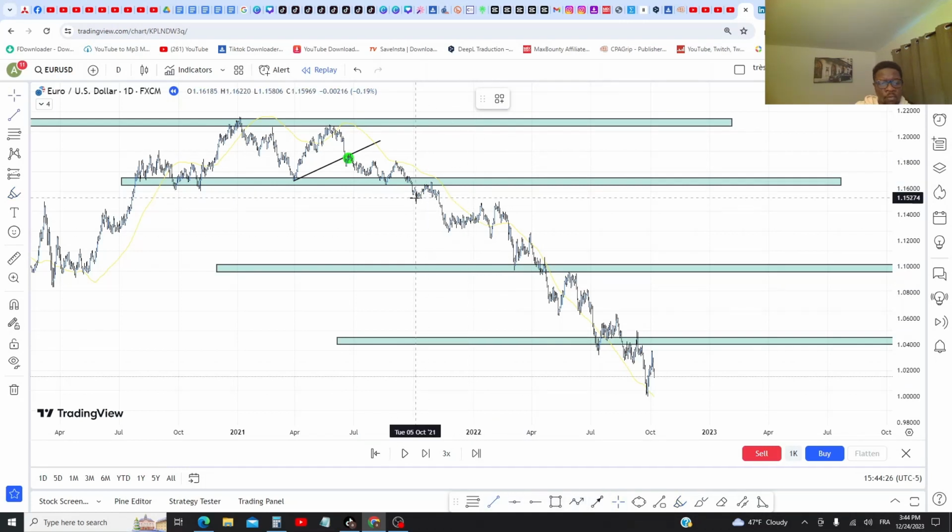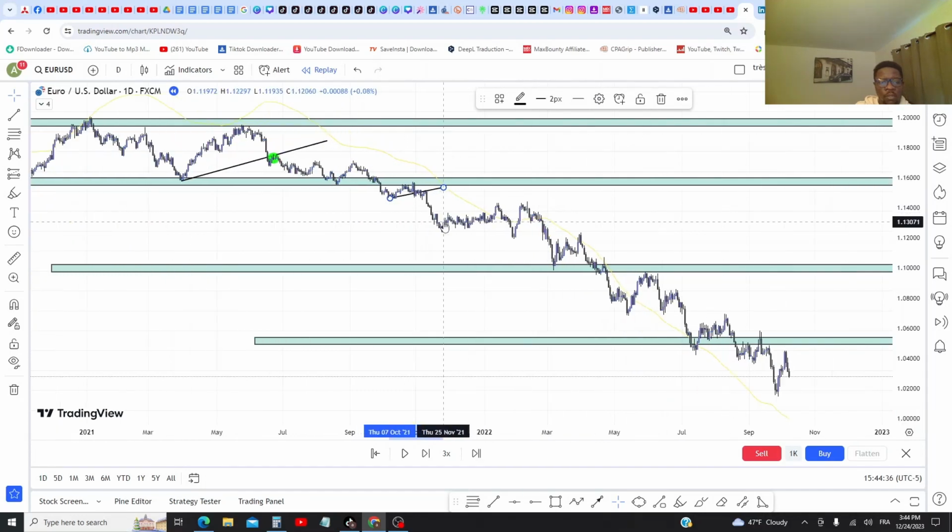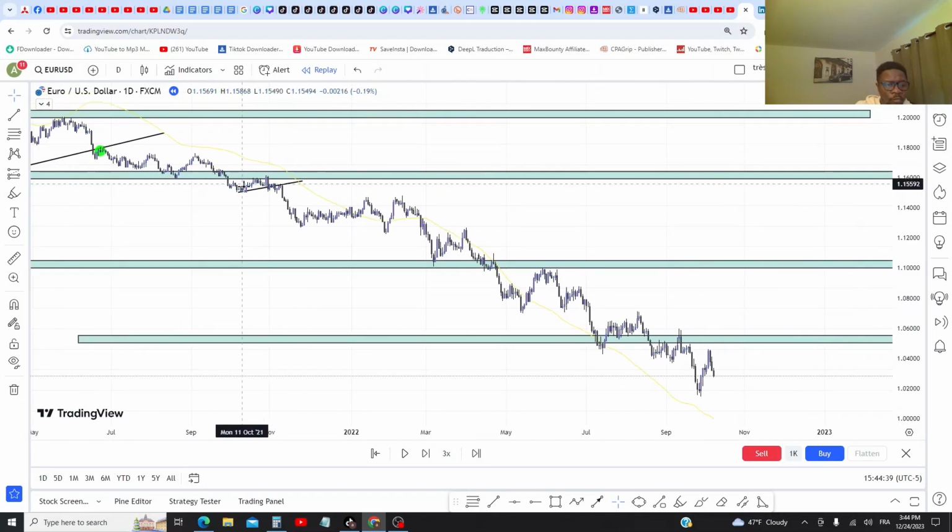Another example, I'm here, price comes down, tests this zone, and let me zoom in. Price was coming down like this, right? It bounced from this zone, came to test this zone, and it's going down.